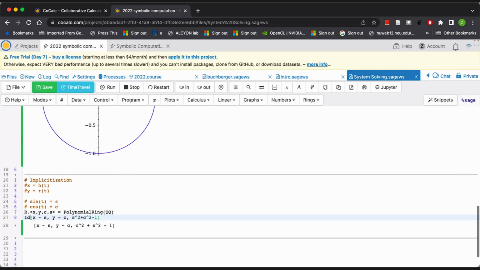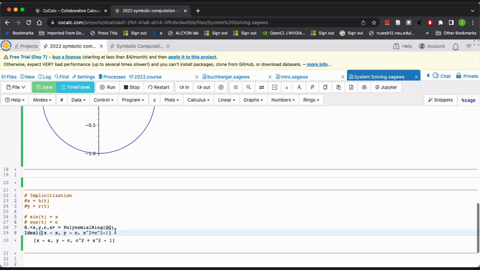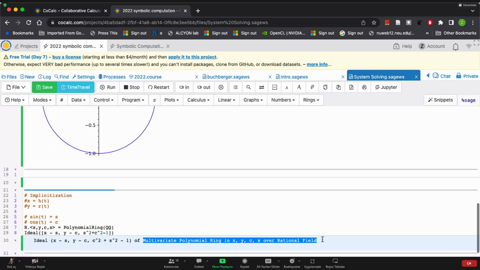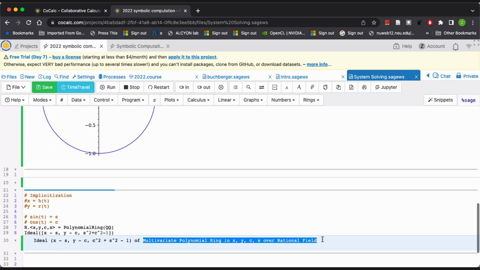And remember that this was the definition of an ideal. So I will take an ideal generated by this set. So it's the ideal generated by these polynomials in this polynomial ring. Okay. Who needs to be reminded what an ideal is? We all remember?